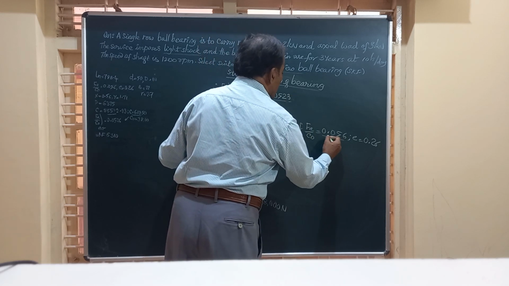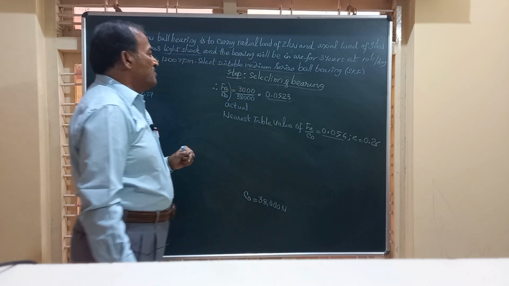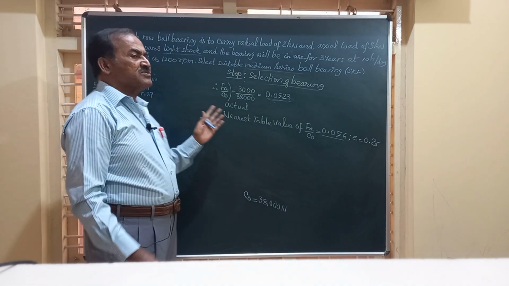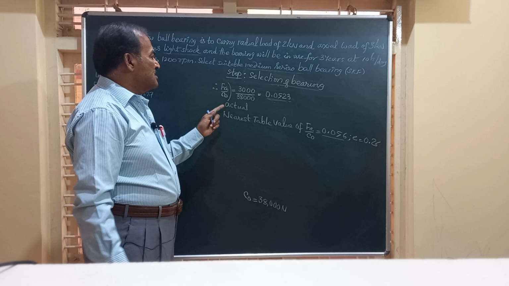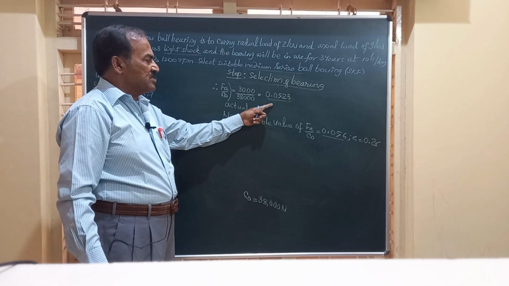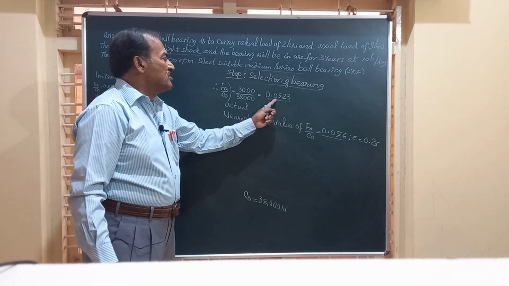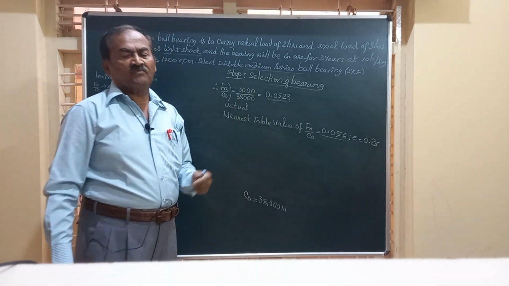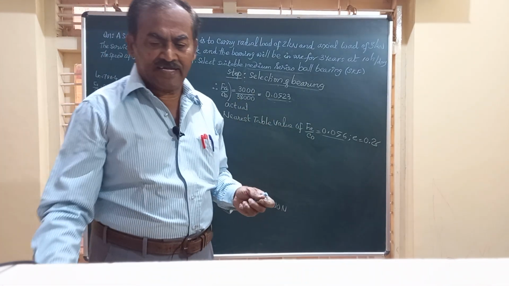This is 0.056. Now friends, the assumption whatever you have made, that is FA over C naught is equal to 0.056, which is very closer to the actual value of FA over C naught we have calculated.